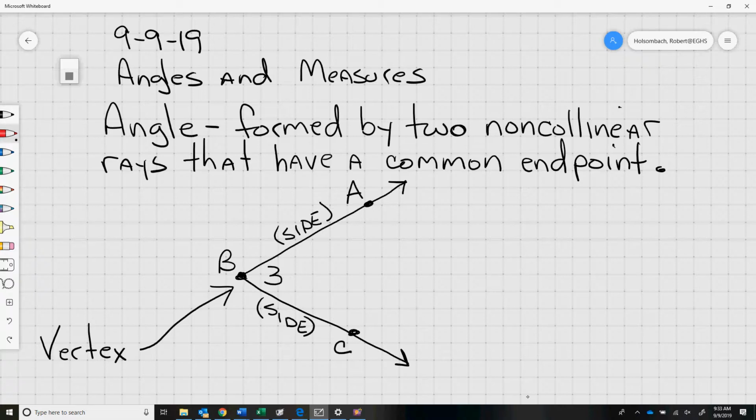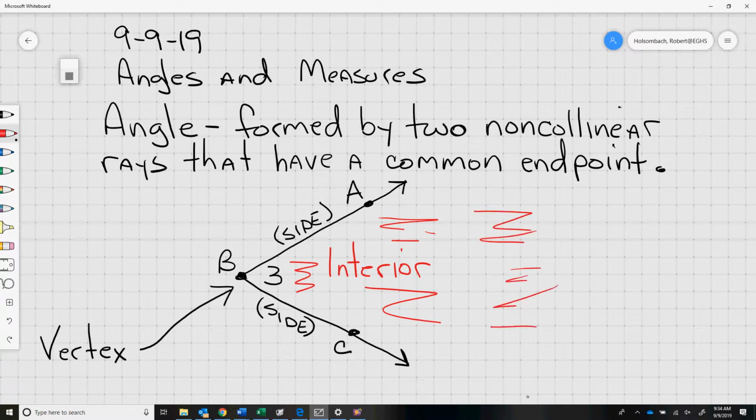This region inside the angle is called the interior of the angle. Everything in here, all of this and everything out here, is the interior of the angle.